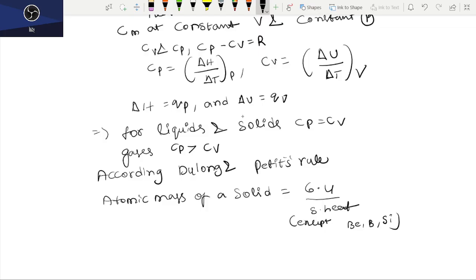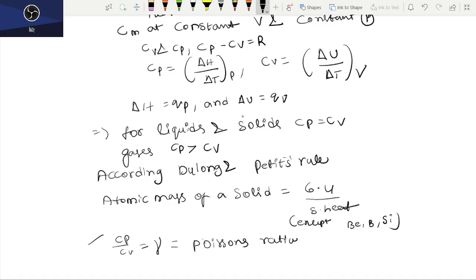Cp by Cv is, as you know, Poisson's ratio, lambda. Poisson's ratio can be written like that.